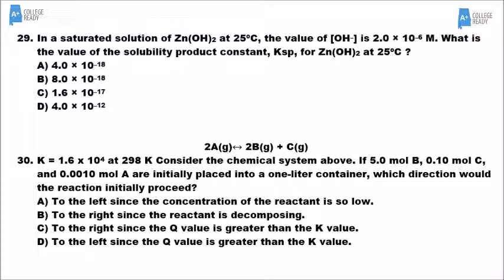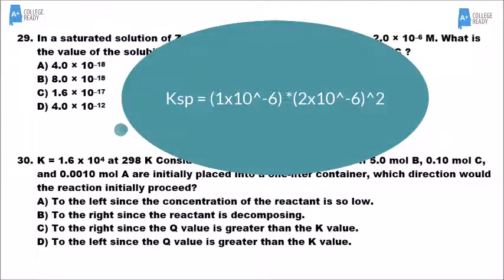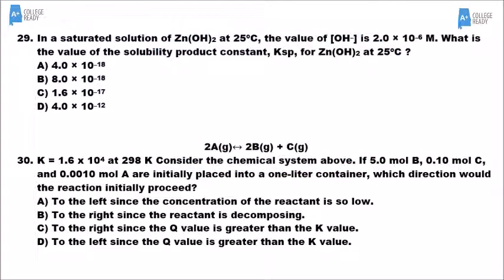The Ksp expression is going to be the concentration of zinc, 1 times 10 to the negative 6th, times the concentration of hydroxide squared, because there's 2 hydroxides. So it's really 1 times 10 to the negative 6th times 2 times 10 to the negative 6 squared. So 1 times 2 squared is 4. 10 to the negative 6th times 10 to the negative 6 squared is 10 to the negative 18th. So we're looking for an answer that is 4 times 10 to the negative 18th.